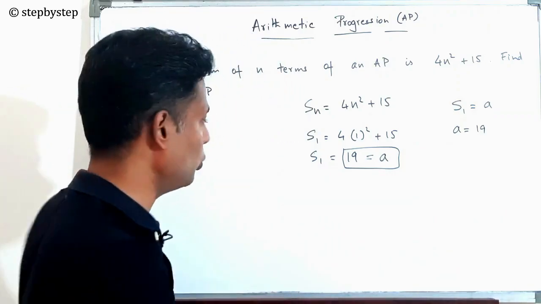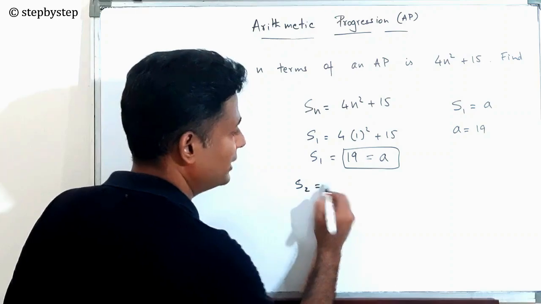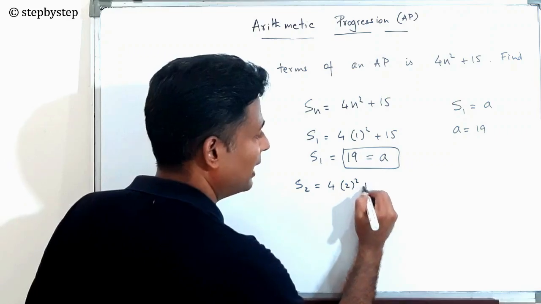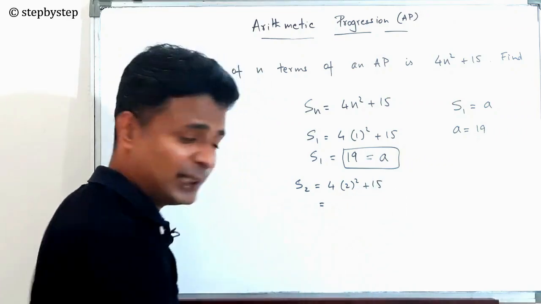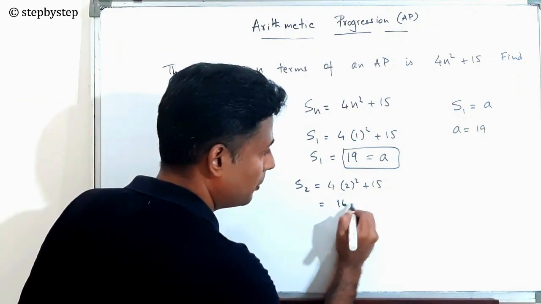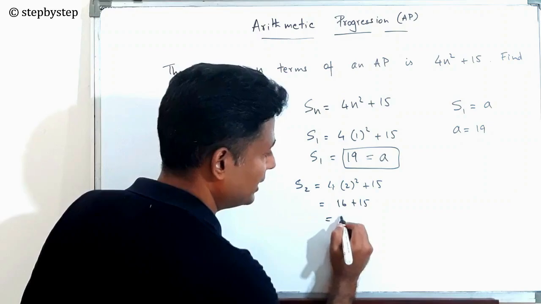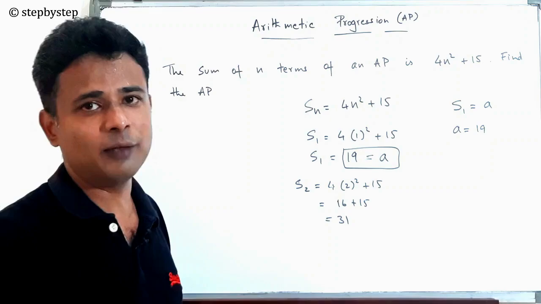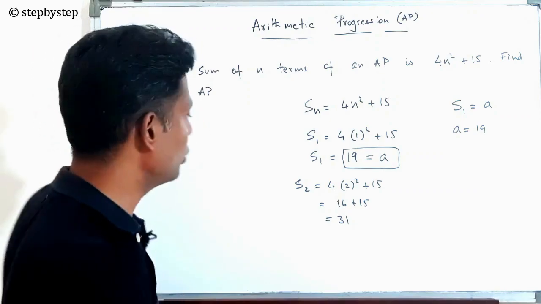Now we will do S of 2. S of 2 is equal to what? Using this formula, 4 into 2 square plus 15. So we get 4 into 2 square, 4 into 4 is 16, plus 15, which is 31. So now we have got S of 2 as 31. What is S of 2 though?